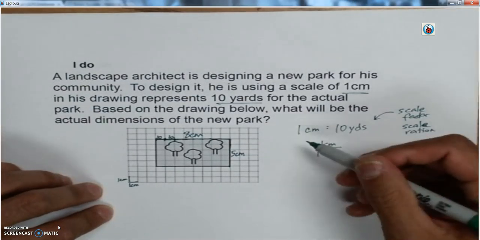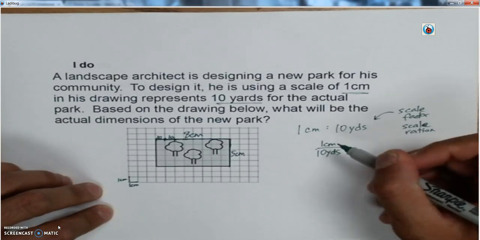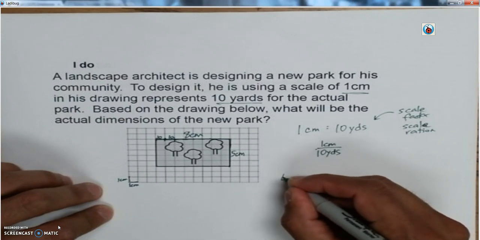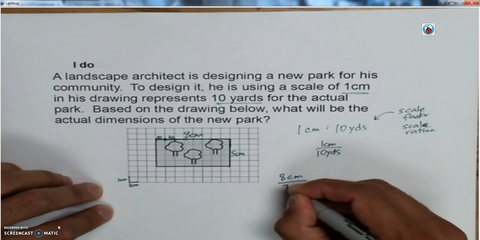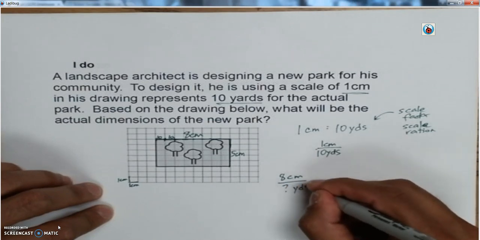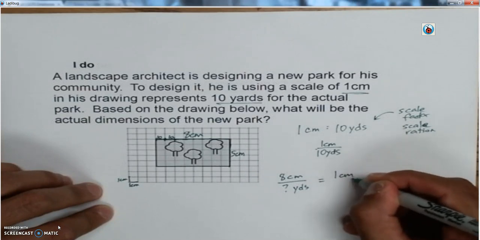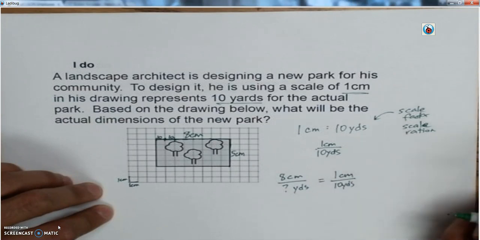And so I can use my ratio here, my scale factor, to find the actual park. If it's 8 centimeters in the drawing, how many yards is that in real life? That's equal to this ratio we're using here: 1 centimeter is 10 yards, right?